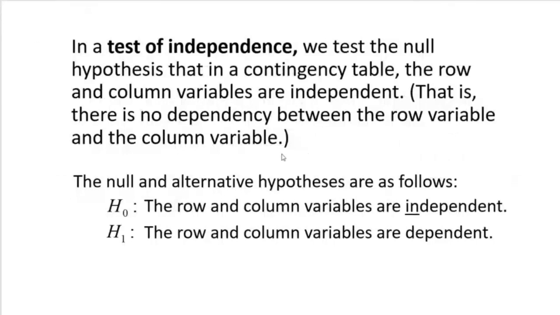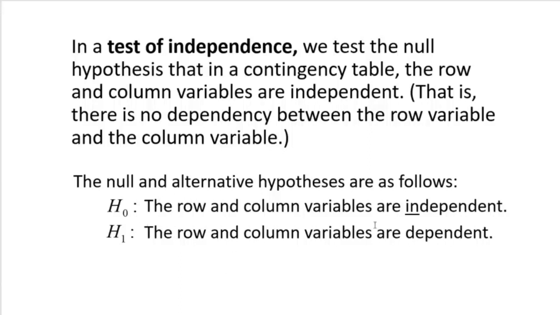When we deal with the contingency table, we need to do a test of independence. You're going to test the null hypothesis that the rows and the columns are entirely independent. There is nothing that is going to make one of the variables in the columns change just because you change the rows.